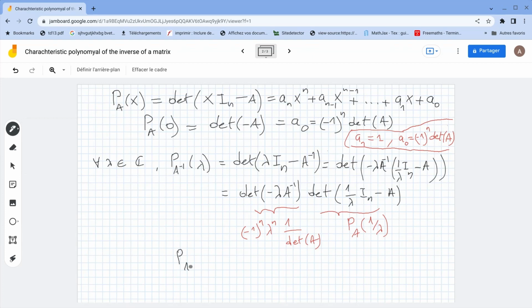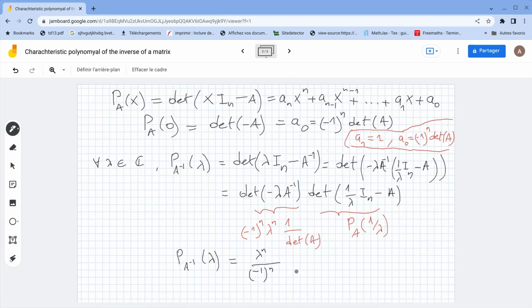the polynomial of A inverse at lambda is equal to lambda to the n. I can put minus 1 to the power n in the denominator.